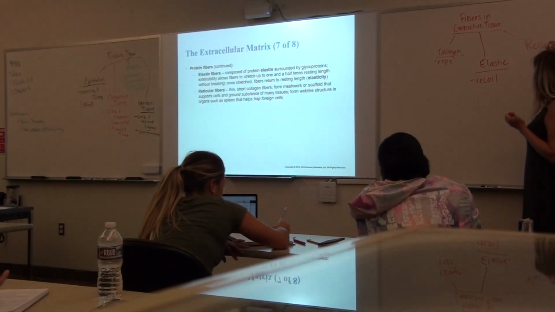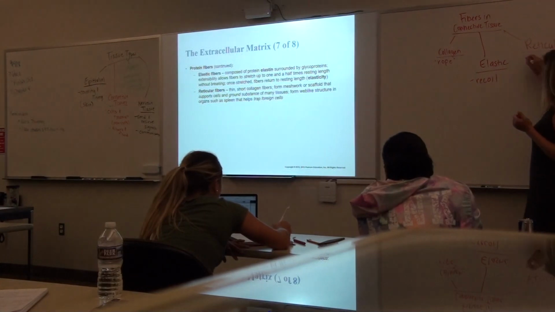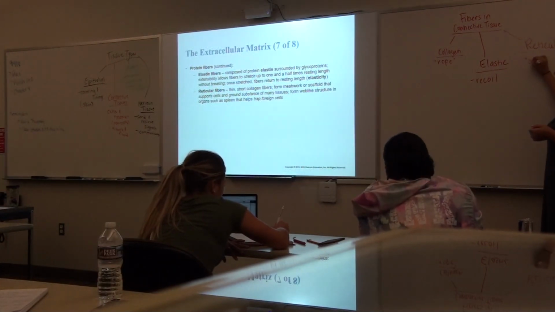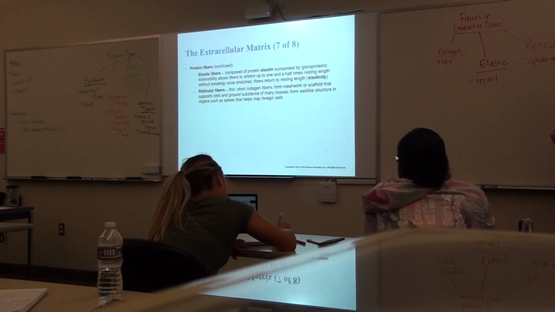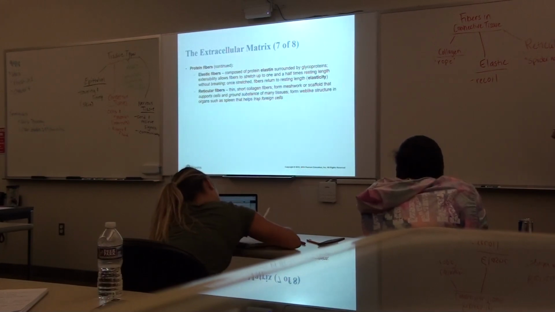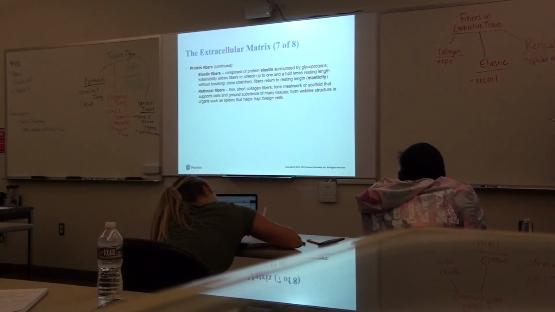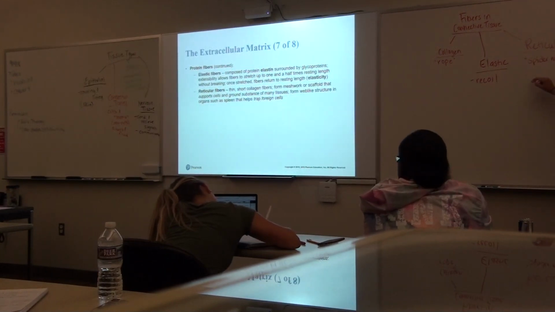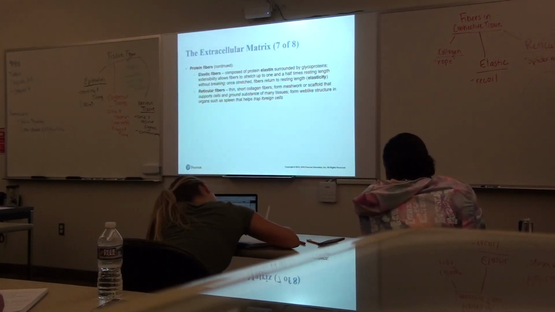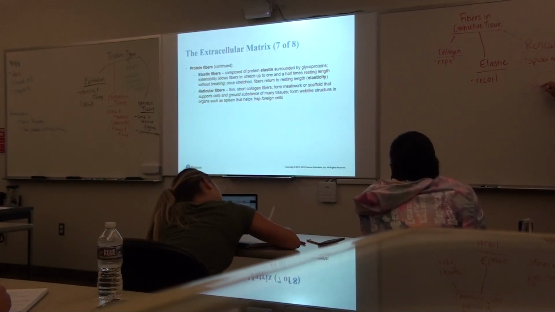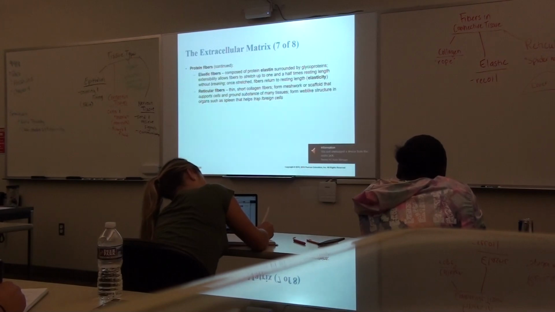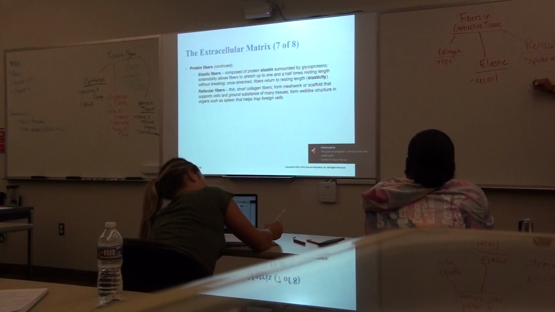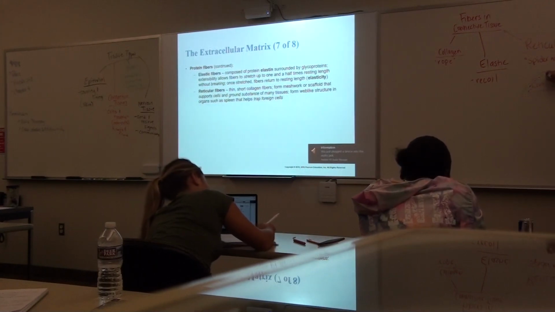Reticular fibers, these are different. Reticular fibers hold organs together. I call them like a spider web network. So imagine an organ like your liver, for example. There's your liver. So your liver is made of billions of little liver cells in there, all doing their little liver job.